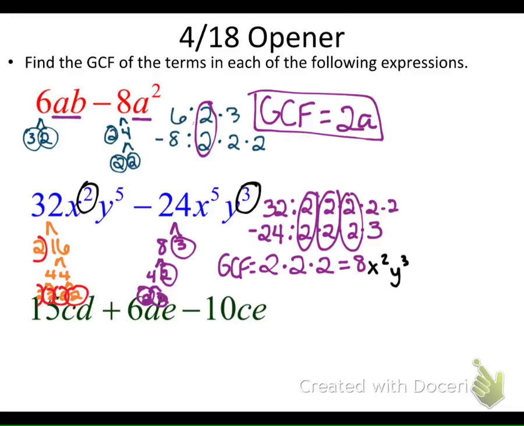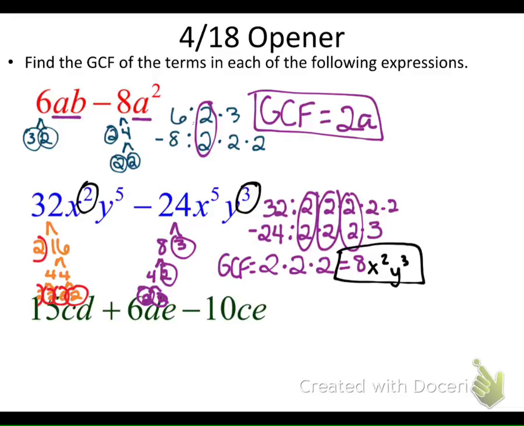Both of our terms have at least 3 y's and at least 2 x's. So my greatest common factor is going to be 8x squared y cubed. How's everybody doing so far? Okay. Good? Okay. Awesome.